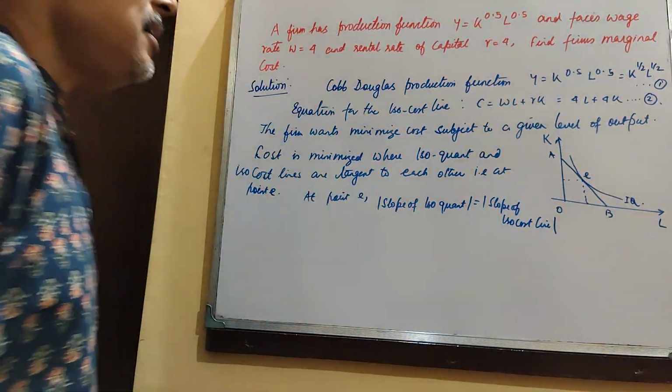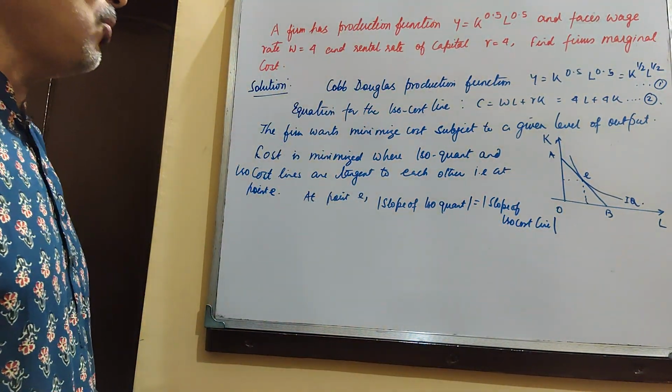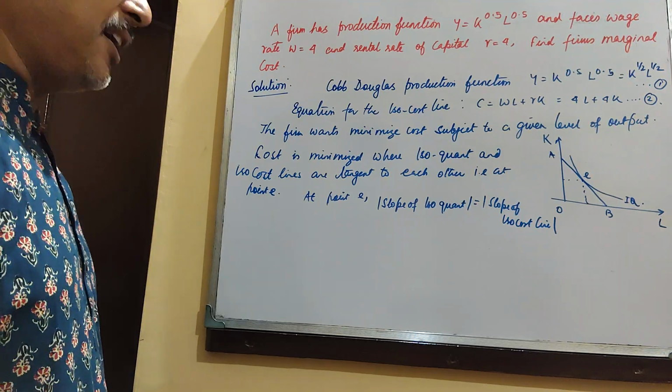Why? Because isoquant and isocost lines are tangent to each other.